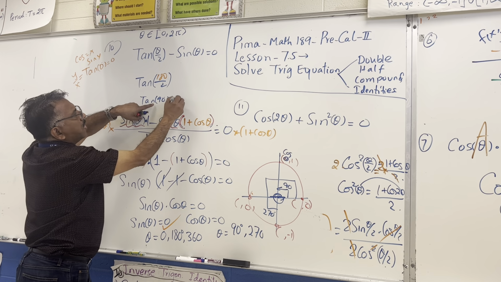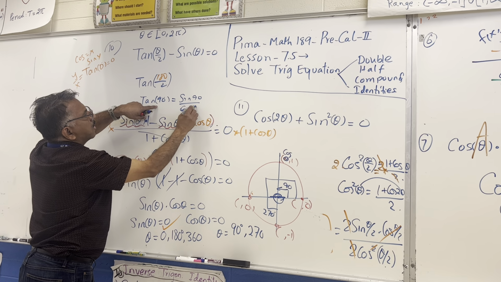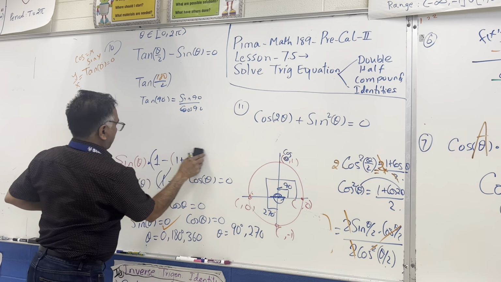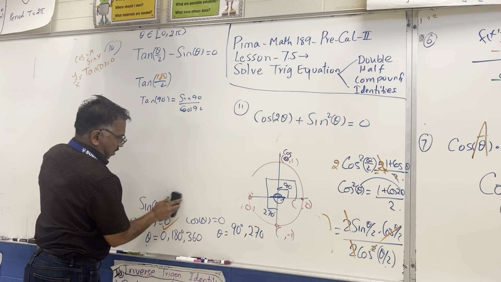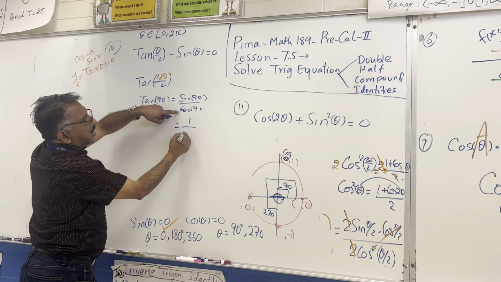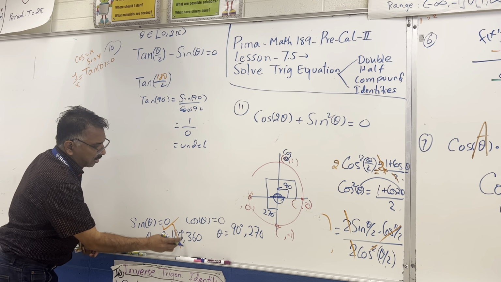And tan 90 means what? Sine 90 over cosine 90. You can say sine 90 is 1, cosine 90 is 0, that's undefined. And that's why we cannot take this.